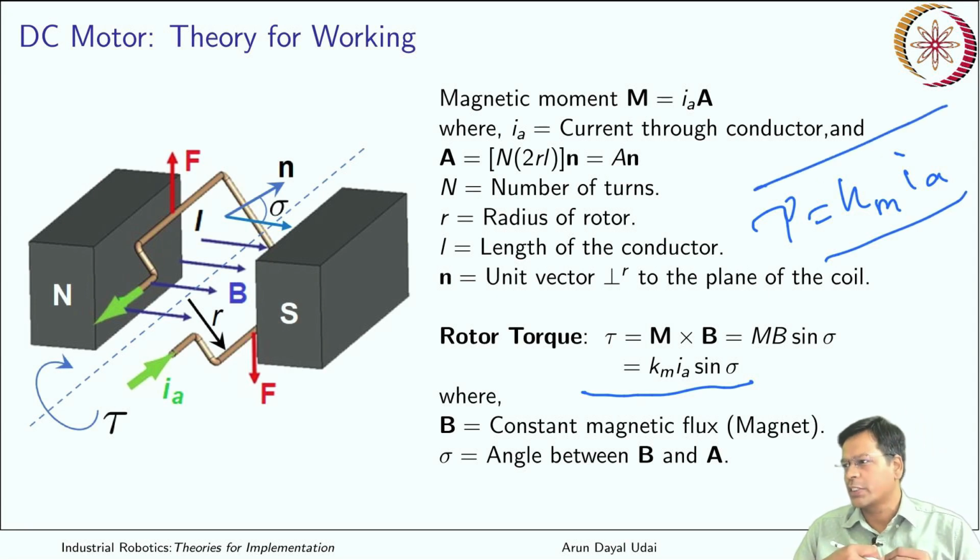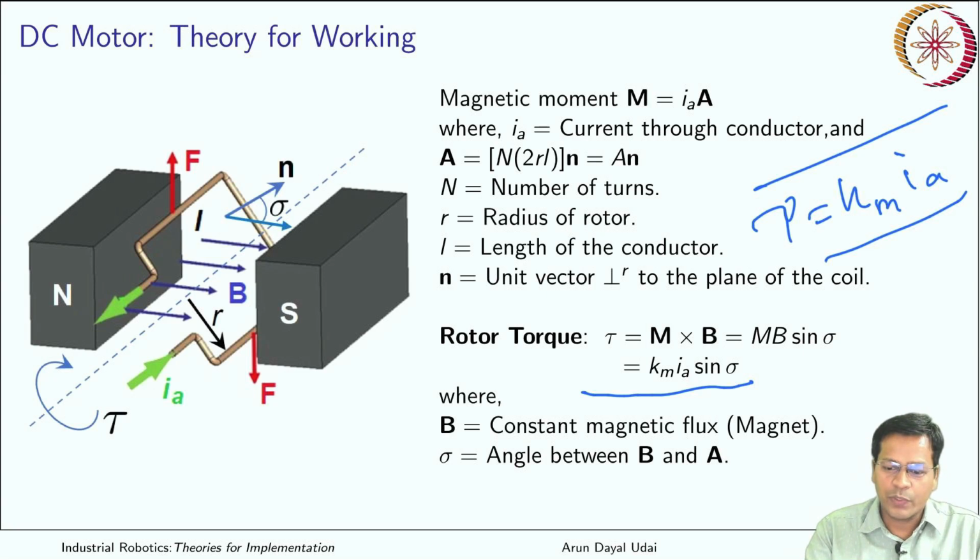So sigma is no more a variable. If you sum the torques of all those coils, that annuls the effect of sigma. So it becomes almost negligible pulsation in torque, almost constant torque. Combined with the rotor inertia, it is not seen even as a mechanical vibration.